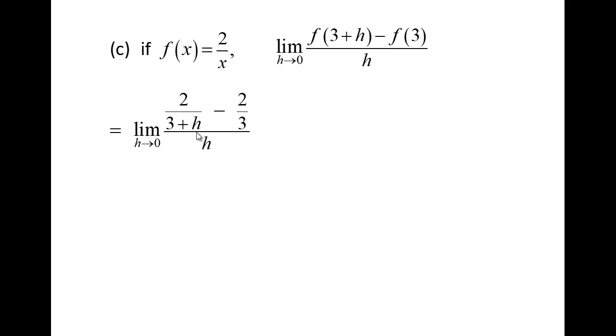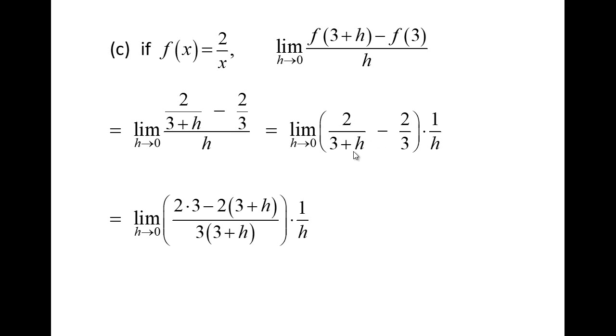Okay, we can rewrite this quotient as 2 over 3 plus h minus 2 over 3, multiplied by 1 over h. Now here we can combine these two fractions into one.